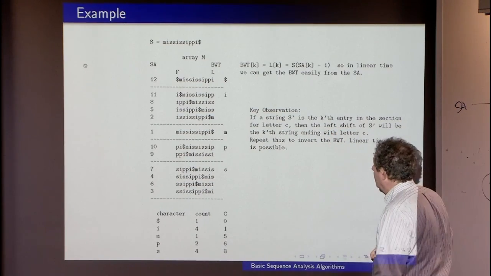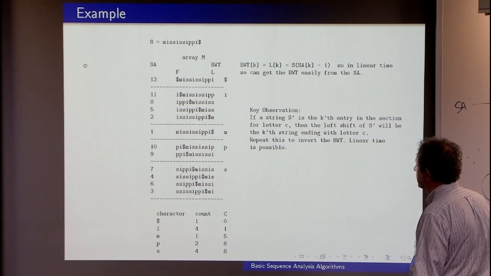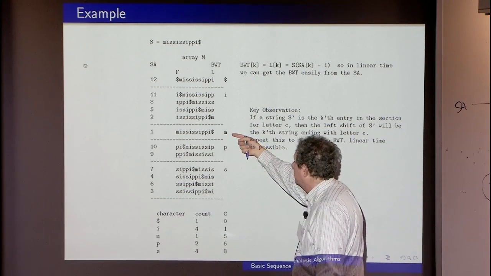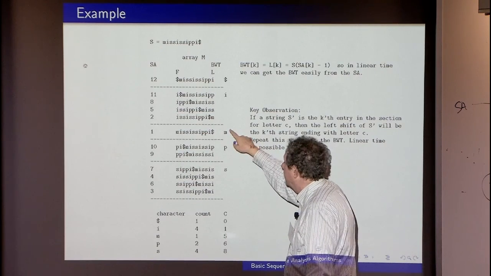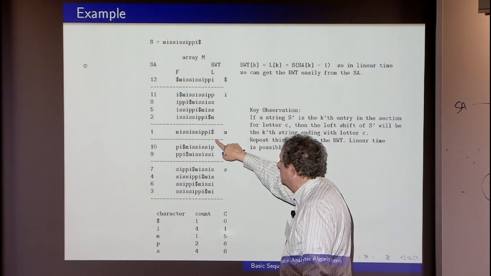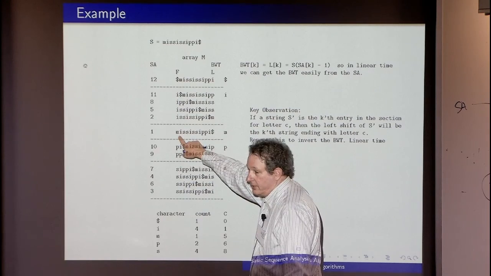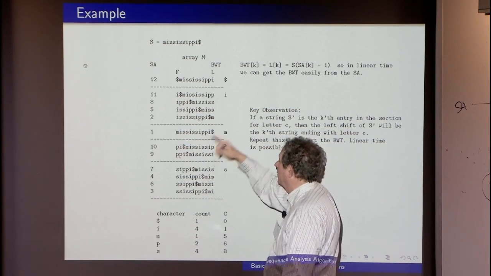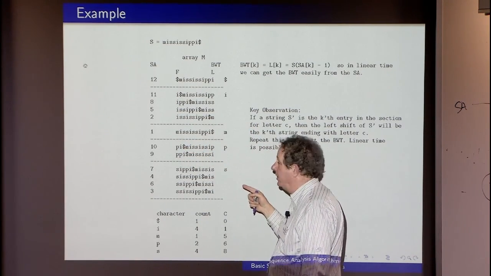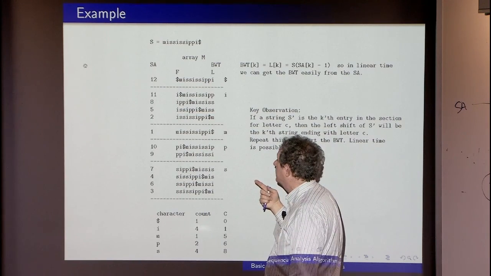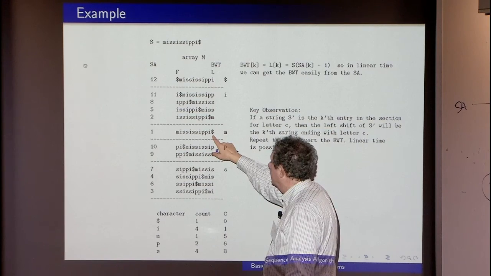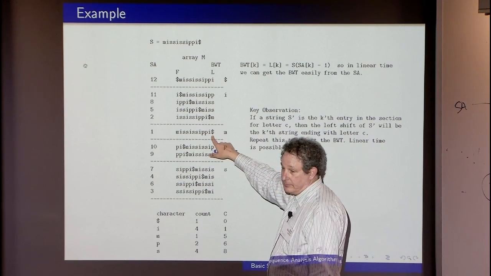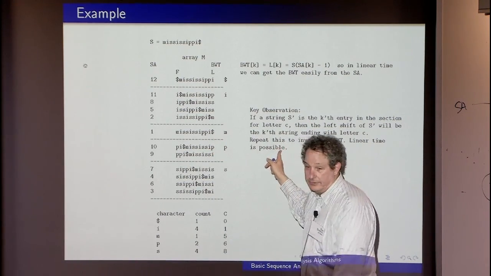So this is the first character in the section for M. Its right shift should be the first position of the section for $. That's what this says, right?